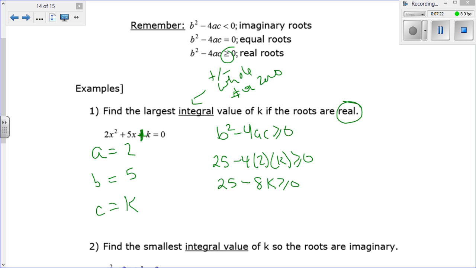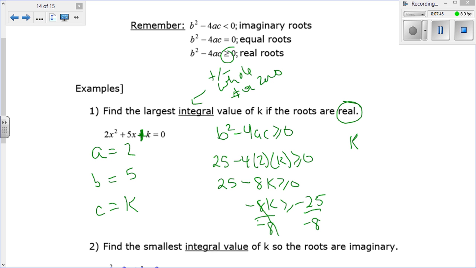I want to get the 8k alone, so I'm going to subtract 25 from both sides. So I will have negative 8k is greater than or equal to negative 25. In order to get k alone, divide by negative 8. When I divide by a negative value, I have to remember to flip my sign.